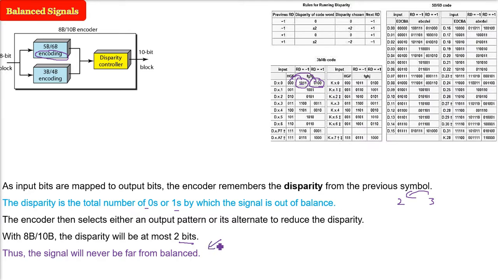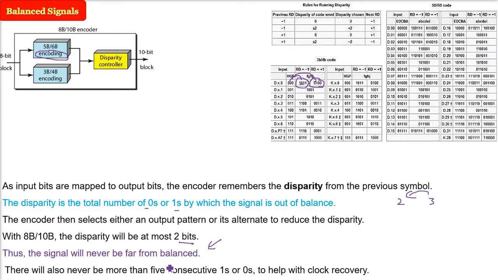That is, the signal will always be balanced, and there will never be more than 5 consecutive ones or zeros. If you take any combination, put them in any way, you will not get more than 5 ones or 5 zeros.